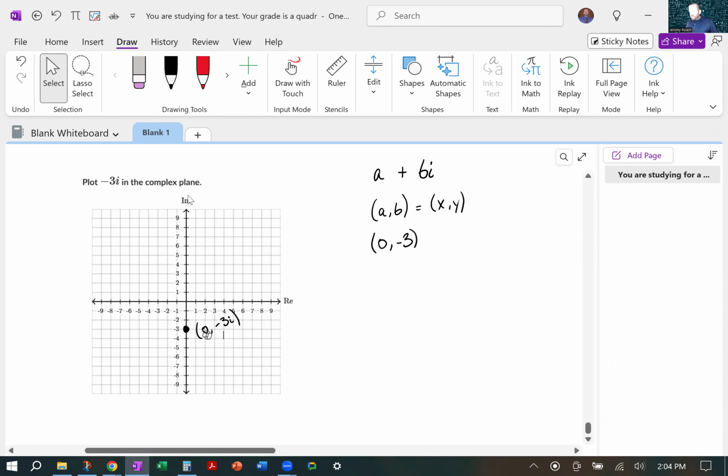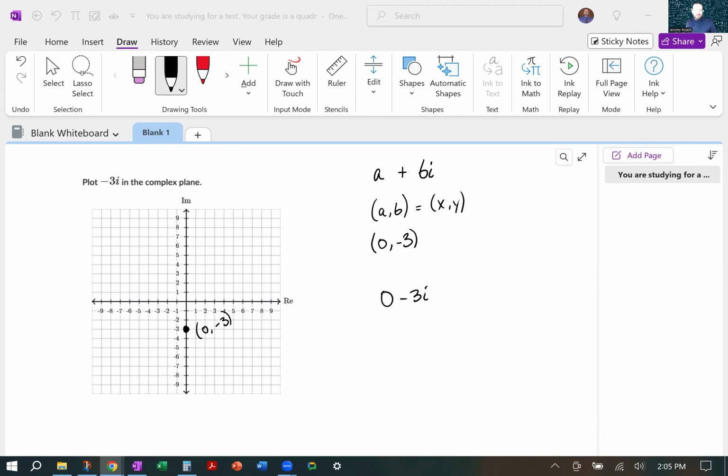So this says real, and this is the imaginary plane here. All right. So actually we write it out like 0 minus 3i, but our coordinate, I should have just written it like this. The coordinate is still just like a normal coordinate that you see in everyday coordinates.